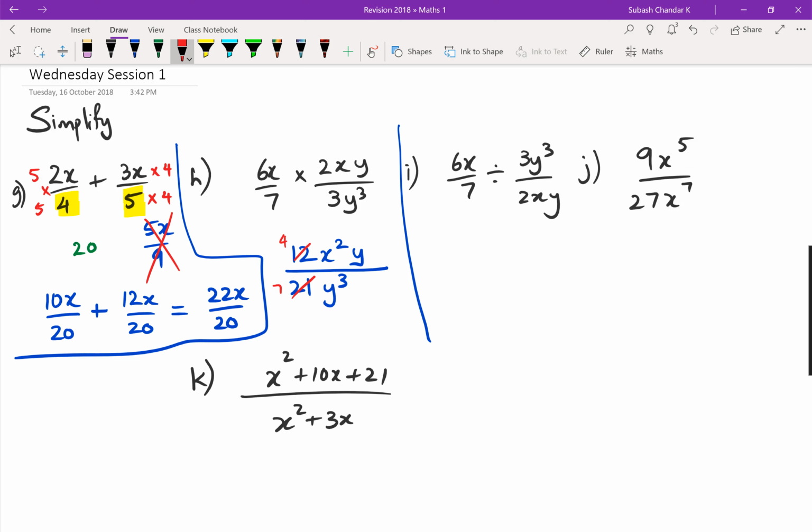The x squared, I don't have to touch because there's only one x squared, in the numerator. As for the y, you've got one y in the numerator and y cubed in the denominator, so we can cancel out y and replace that with a 2. Your final answer is going to look like this: 4x squared divided by 7y squared. And that's basically it.